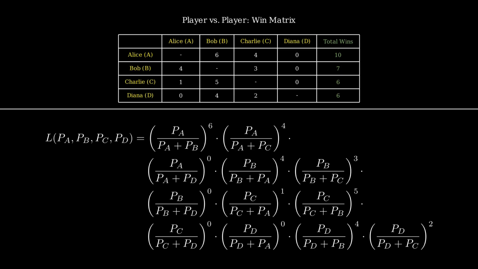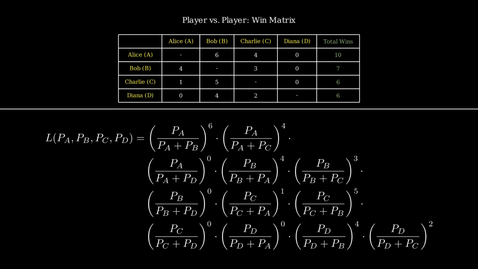And down here we have the probability of Diana beating Alice 0 times. That is also represented in here. Anything to the 0 power simplifies to 1, so I could have omitted these 0 powers, but just for completion's sake, I'm showing them.